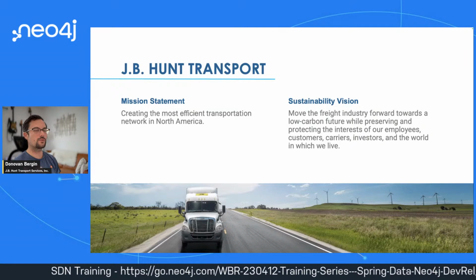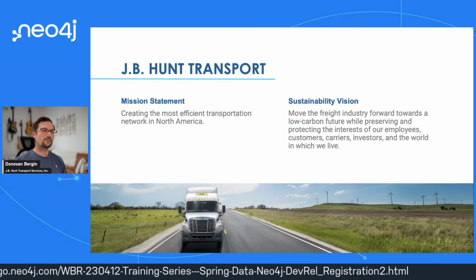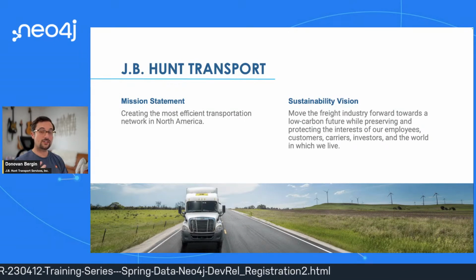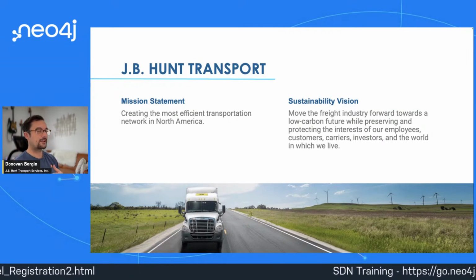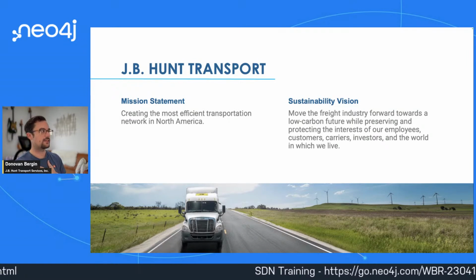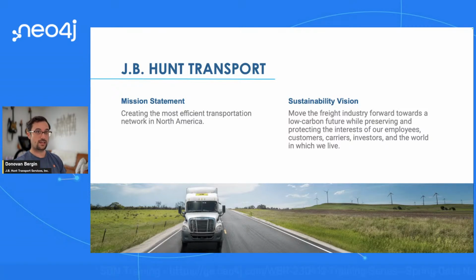Sustainability vision, we want to move the freight industry forward towards a low carbon future while still meeting all of the interests of our employees, our customers, our carriers, our investors, and the world in which we live. And where I work at JB Hunt is part of the visibility, which is answering the question of where's my stuff, where is it going, and when is it going to get there.